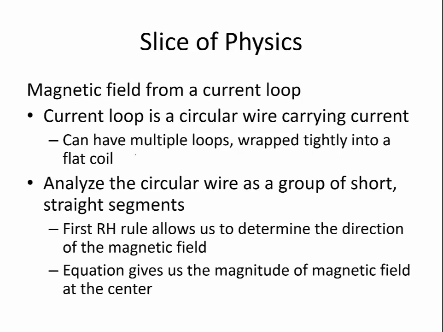And the way we analyze this for direction of the magnetic field is to take that circular coil into short, straight segments, and then we use the right-hand rule to determine the direction of the magnetic field, which told us which way it was going at the very center of the coil. And then we have an equation, B equals mu naught N I over 2R, that gives us the magnitude of the magnetic field only at the very center of the coil.